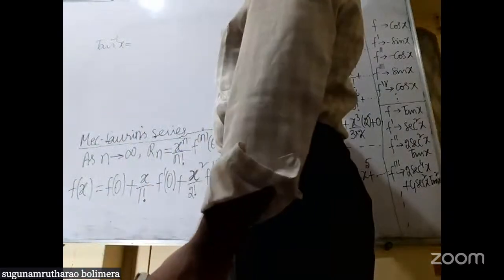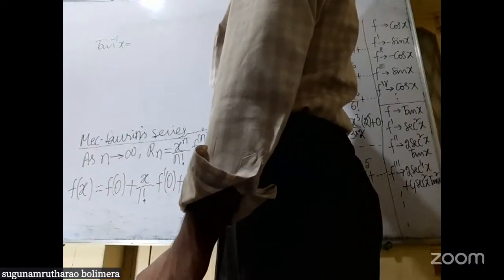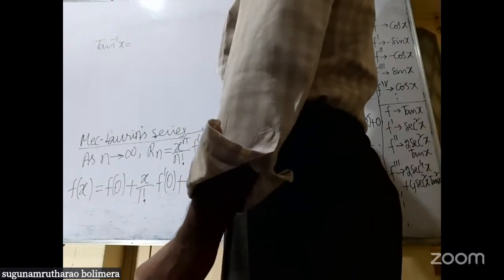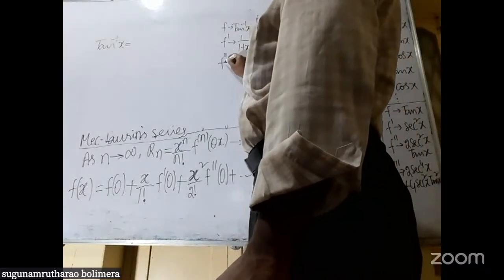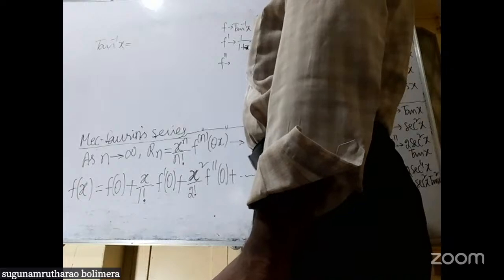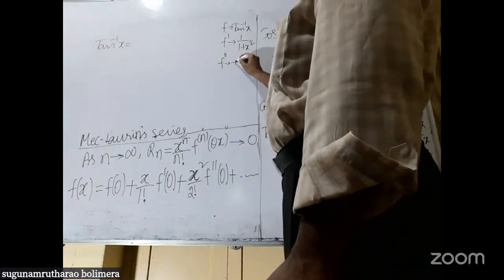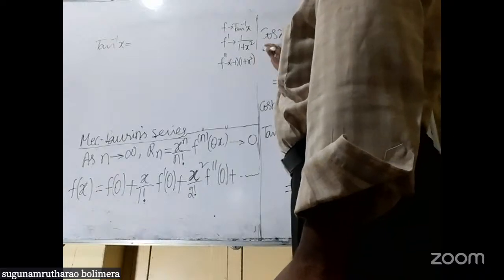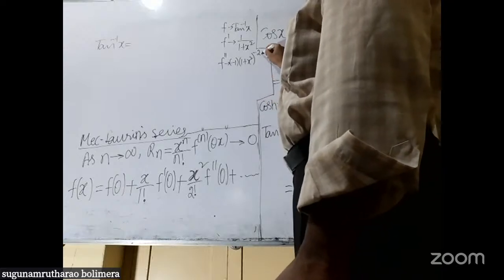Same. If f is tan inverse x, f dash is 1 by 1 plus x squared. F double dash, using the u by v formula, is minus 1 into (1 plus x squared) whole power minus 2 into 2x.